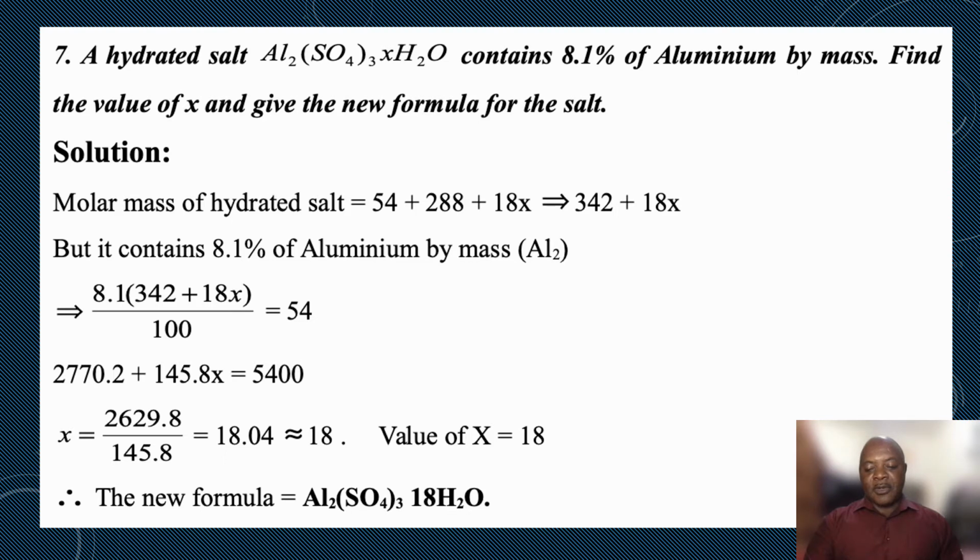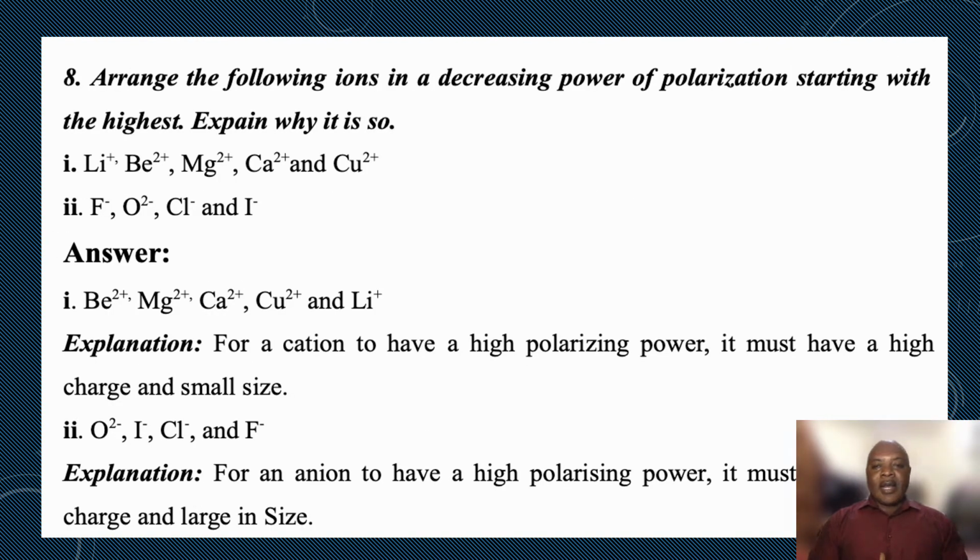It takes us to the next question on the polarizing power of cations and anions. Now, arrange the following ions in decreasing power of polarizing, that is from the highest to the lowest, starting with the highest, and explain why it is so.